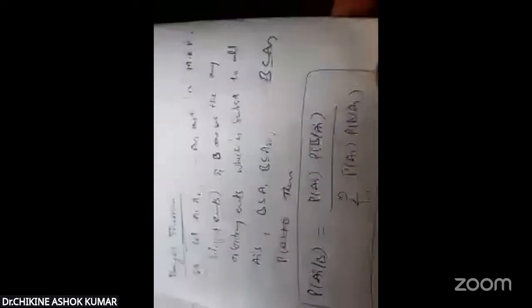This is the probability of Ai given B formula. This is called the Bayes theorem result. Yes, this is probability of Ai given B equal to this one.